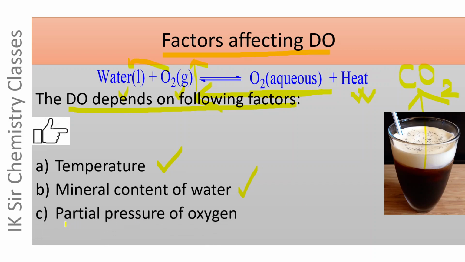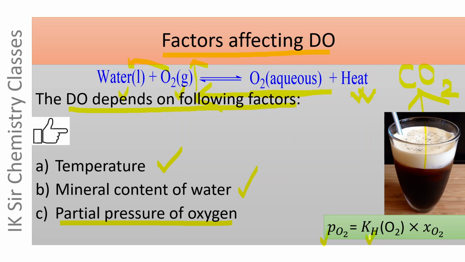And the next factor affecting DO is partial pressure of O2. This is Henry law equation. Partial pressure of O2 over its saturated solution is equal to KH O2 into mole fraction of O2 in the solution.